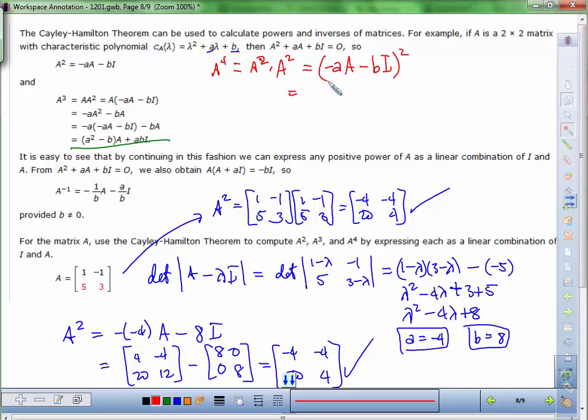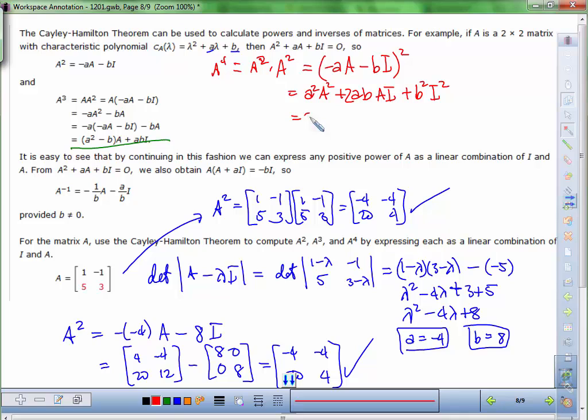This becomes positive a squared, capital A squared, minus, so negative a, negative b, so that's a positive 2ab, a times identity, which is just A, and then the last term is b squared, I squared, which is also the identity. So we're just FOILing this.